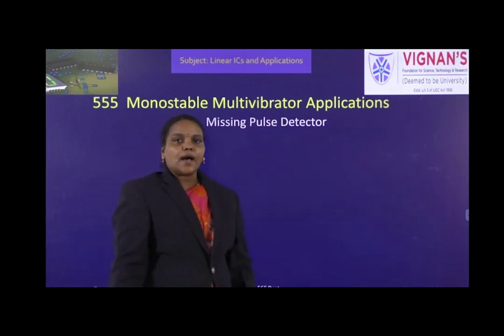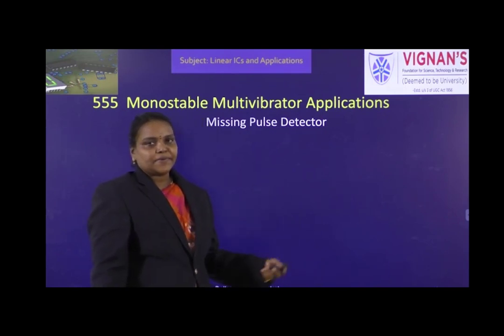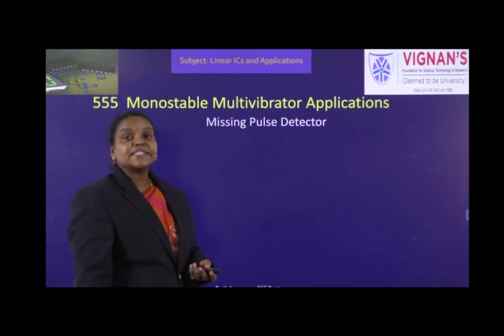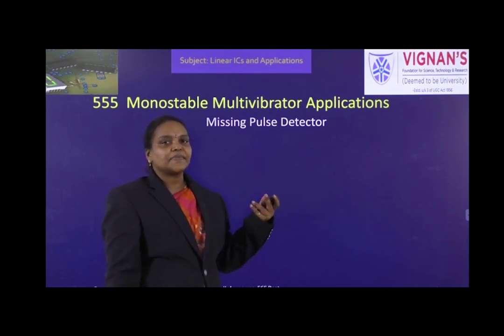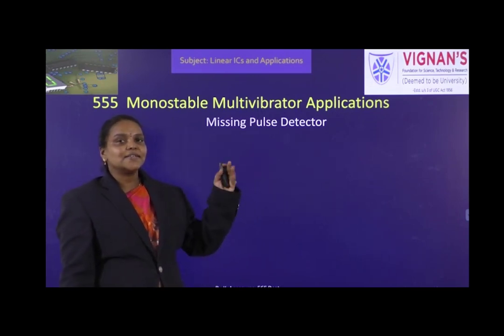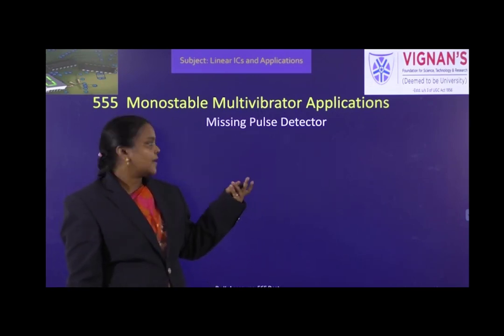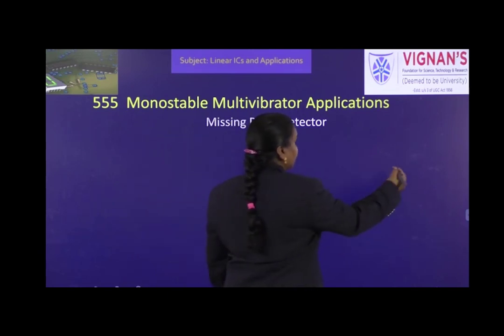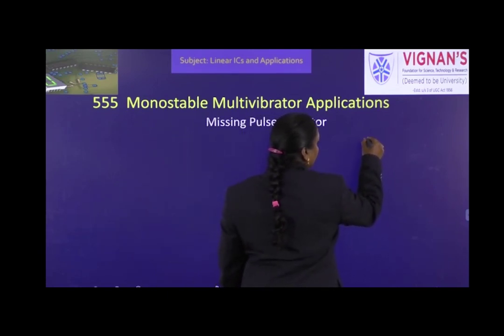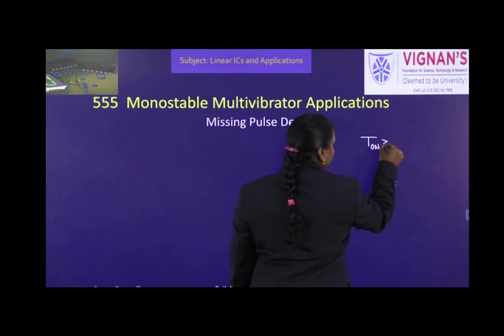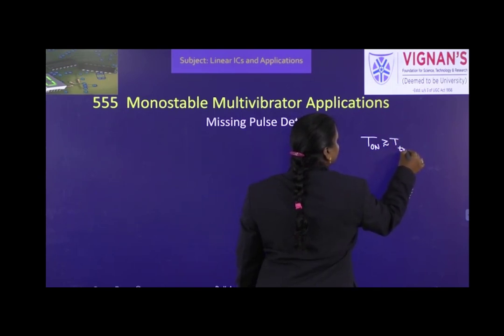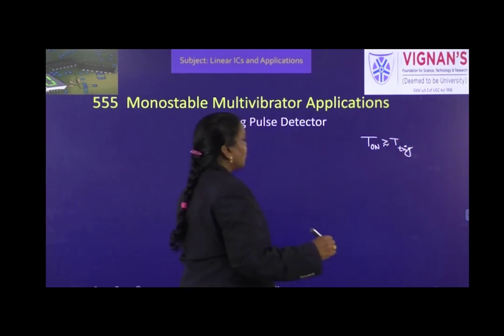Now let us see the applications of the monostable multivibrator. The first one is the missing pulse detector. That is, if any pulses are missing, suppose heart pulses. If the heart pulse is given as the trigger pulse, and the time period of the monostable multivibrator is slightly greater than the trigger time period, then what happens?